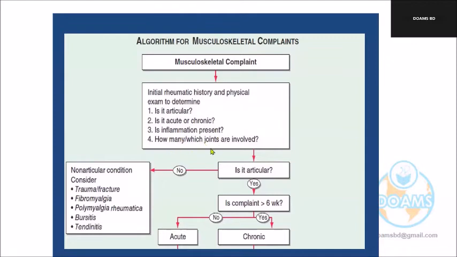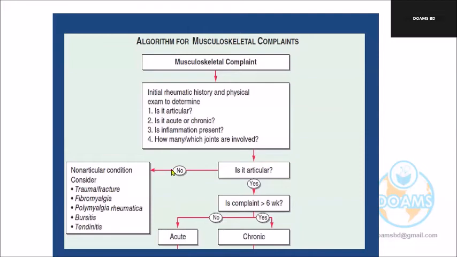What is the pattern of joint involvement? By these questions and their answers, we conclude that it is articular. If the complaint is more than 6 weeks, it is chronic disease; if less than 6 weeks, it is acute.